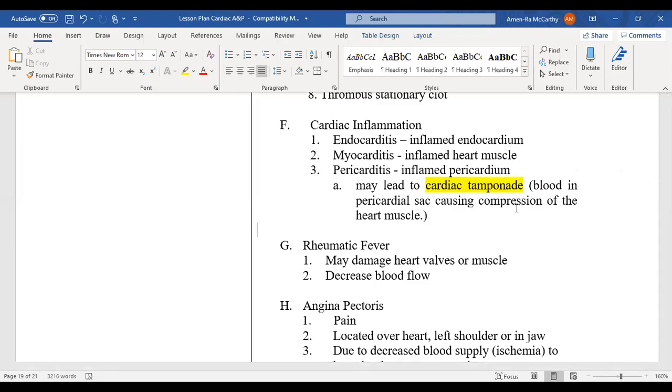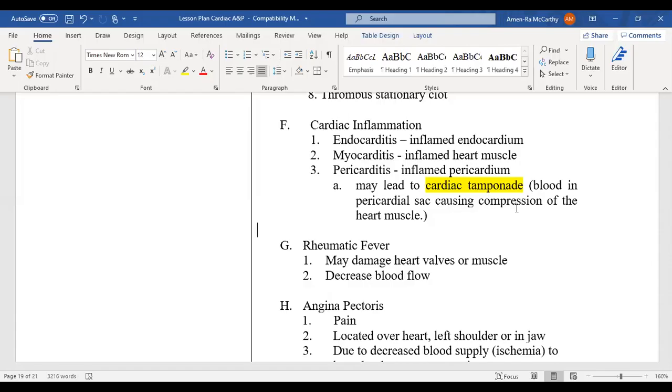If this pericardium starts filling up with blood, that is cardiac tamponade, which is blood inside the pericardium. One way to think about it: when women are on their cycle, they use a tampon to get the blood. That's one way you can remember it.